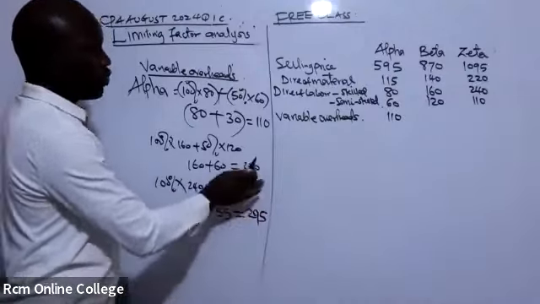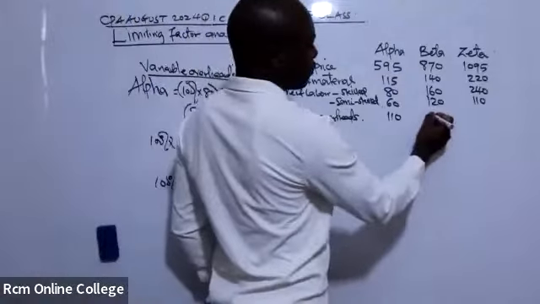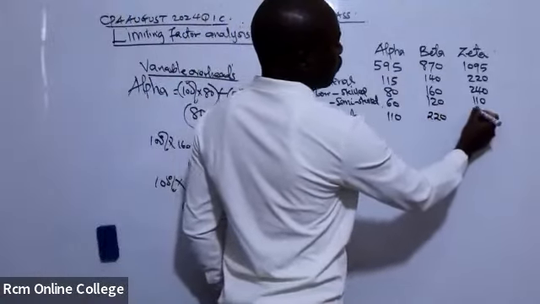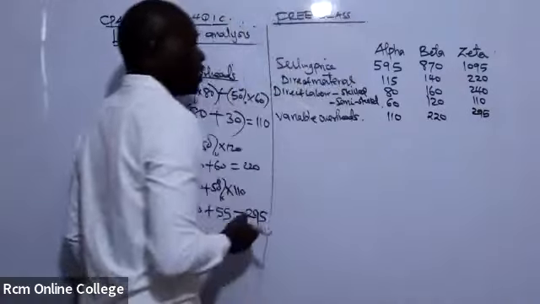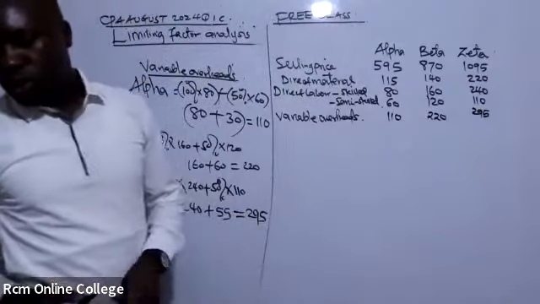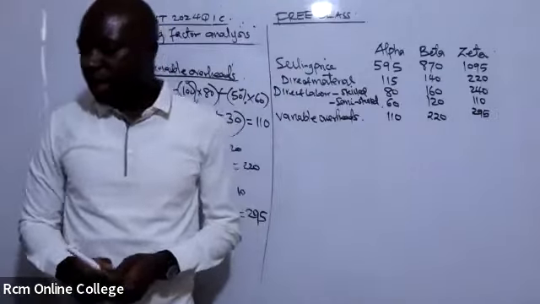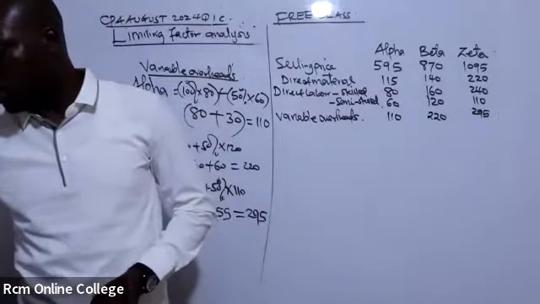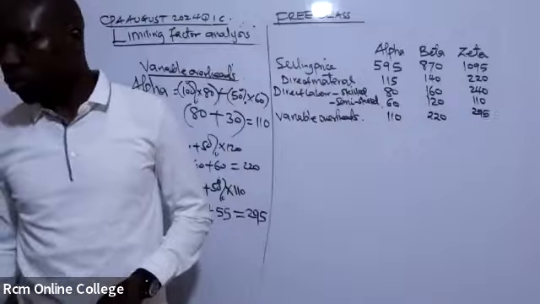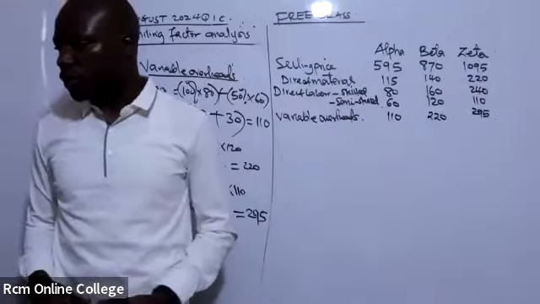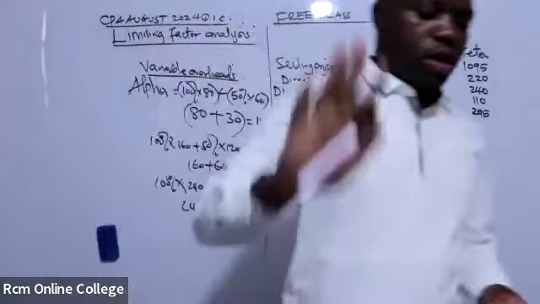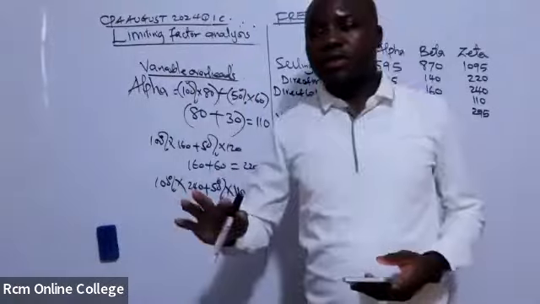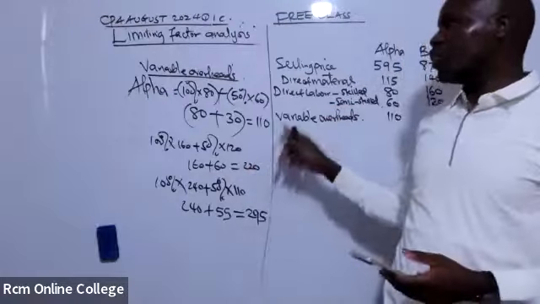So let's take 220, bring it here. Then 295. Good. Now, do we have any other variable cost that we have not captured? Remember, in limiting factor analysis, all the variable costs are put here.